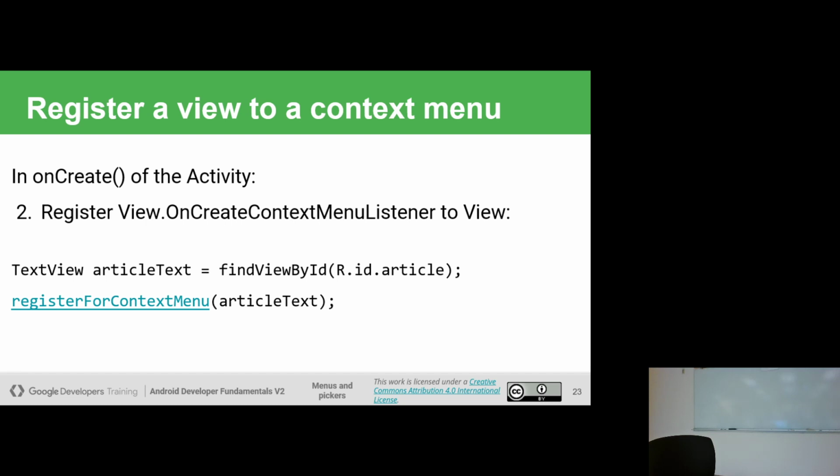So this is going to hook up and say, okay, when you long press on the text of the article, that's when we're going to show a pop-up, a floating menu. Does that make sense? So I'm saying when you long press on the article text, that's where we're going to show it. If you long press on anything else, you won't get it. But if you long press on the article text, you get it there.